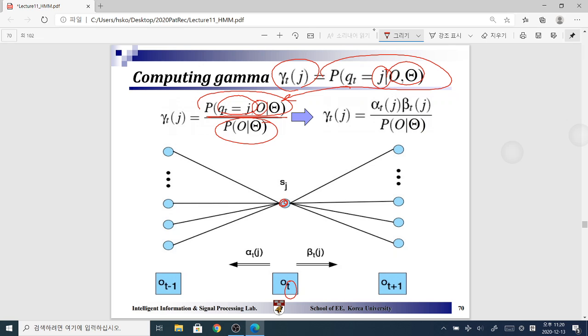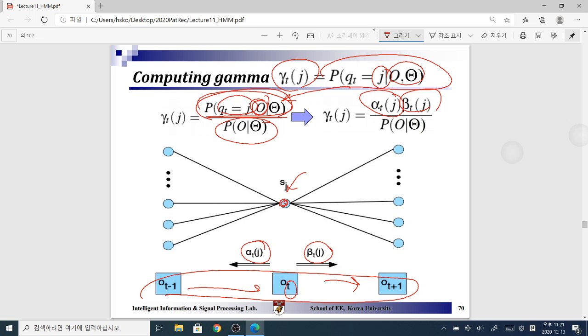So this here could be expressed as alpha sub t of j would be the front end, and beta sub t of j would be the rear end, and together they make up the entire observation sequence, as well as being at state j at time t.